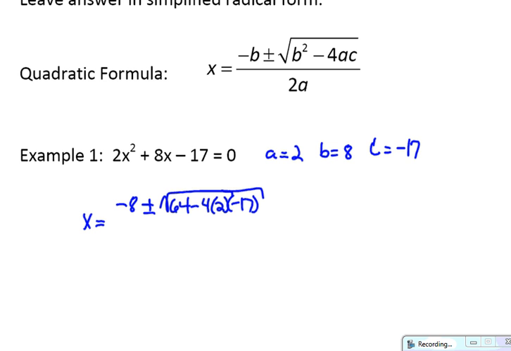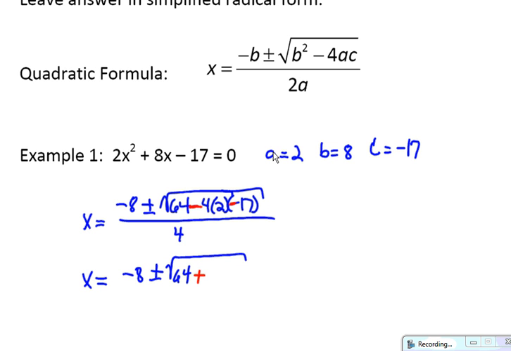I'll extend that radical. All over 2 times a, so 2 times 2 is 4. So x is equal to negative 8 plus or minus the square root of 64. We have a negative times a negative, and that's going to give us a positive in the middle.